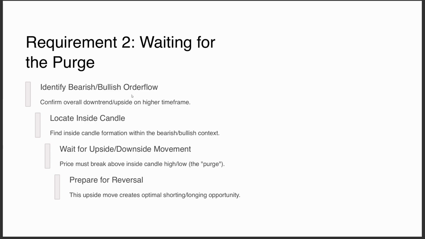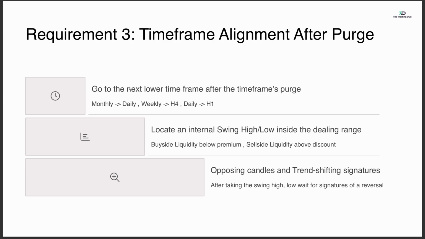Requirement 2, we wait for the purge of the high or the low of the candle. And then we go to the next step, which is to align our time frame. So if we have an inside candle on the weekly time frame, we wait for the purge of its high if we want to trade it to the downside because the higher time frame order flow is bearish.